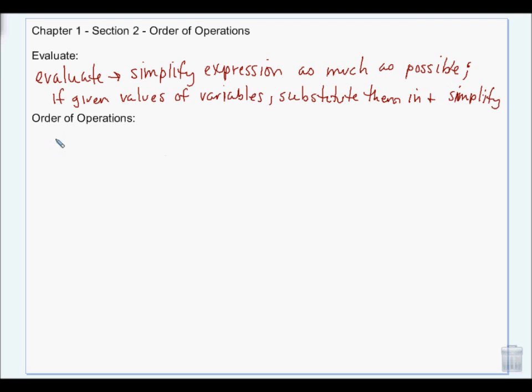Order of operations, you guys should have seen all this before. PEMDAS, or maybe please excuse my dear Aunt Sally.